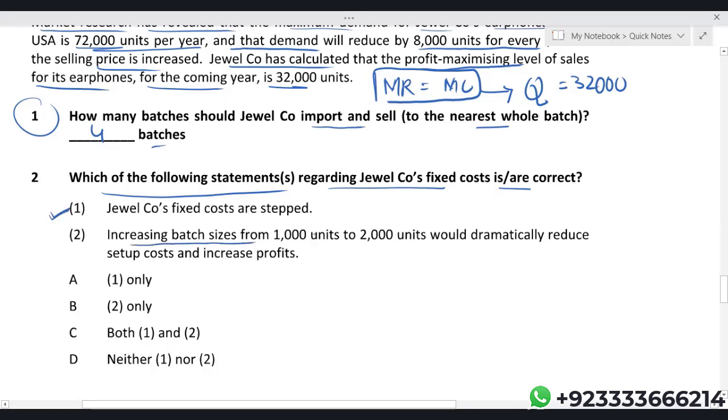Increasing batch size from 1,000 to 2,000 units would dramatically reduce the setup cost and increase what? Profit. Wow.